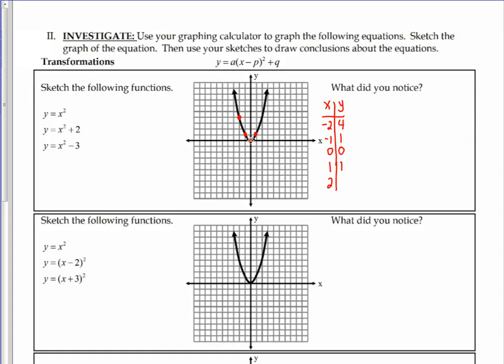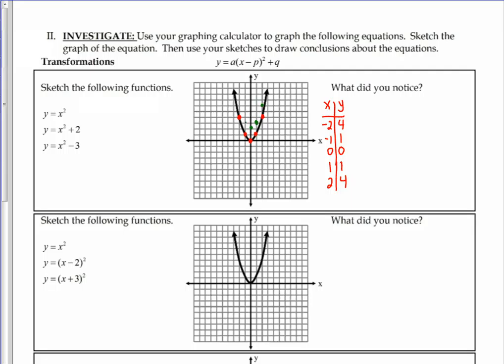And 2 squared is 4. So that's why we have this axis of symmetry, because when we square a negative, it comes out as positive, right? So x squared plus 2, we could just take these points and shift it up 2.